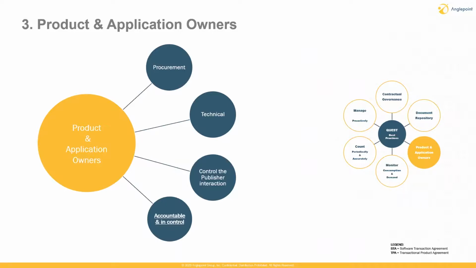How we help all of these particular role sets is to put structure, coordination, and assist in managing those challenges, be it everyday operational day-to-day, or in respect to managing audits. Across all of this, we work closely with all of these team members on a daily and weekly basis, and it's really to help that client achieve the level of governance necessary to relieve the pressures and ultimately enable control of any publisher interaction.